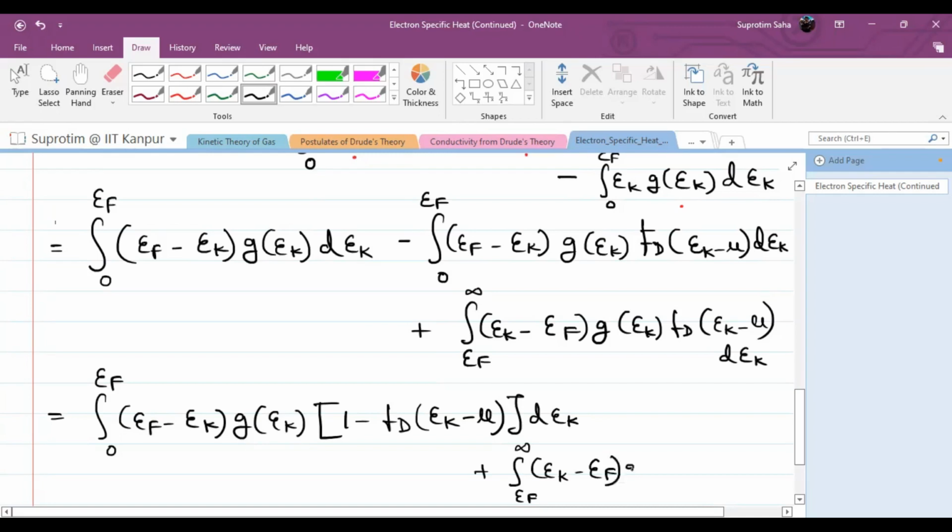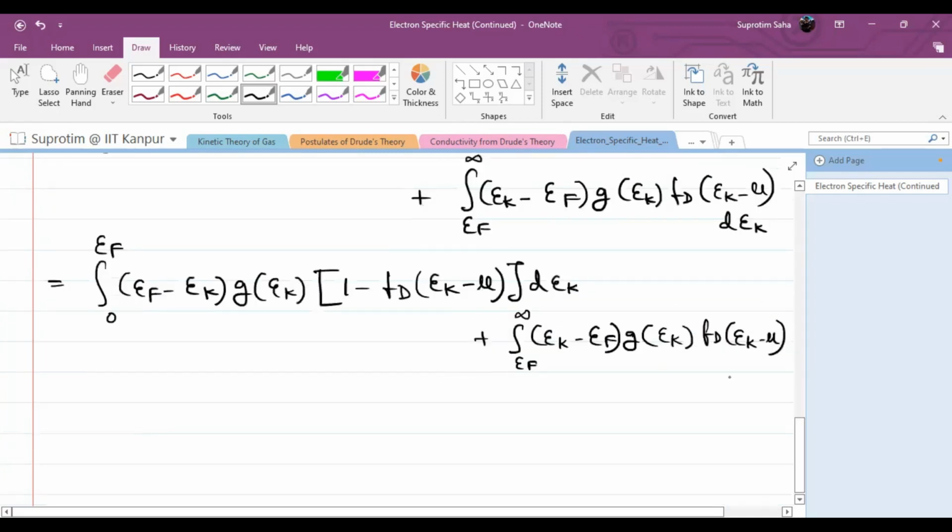But it's very important that you do the bookkeeping sincerely, because this is prone to making mistakes. All right. So now we are somewhat relieved. So this is the final form that we get.